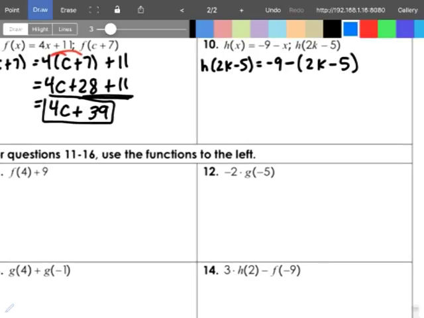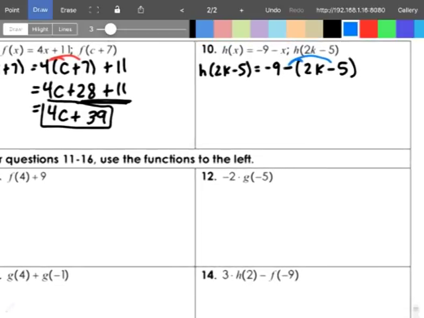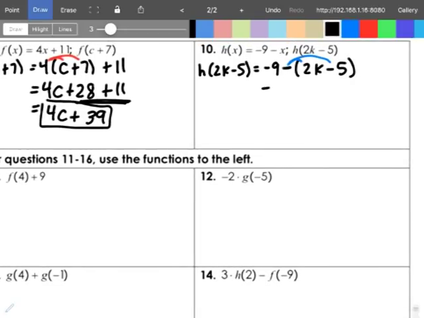So I need to distribute here. Okay, we have negative 9. Now that's technically a negative 1, right? So I'm actually distributing that negative 1. I'm just changing the signs. So negative 1 times 2 is negative 2k. Negative 1 times negative 5 is a positive 5.